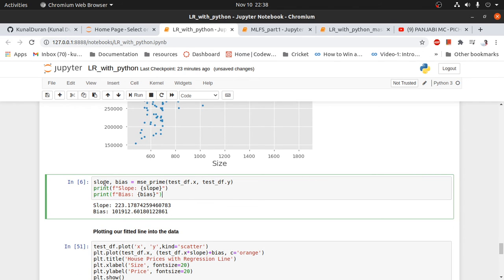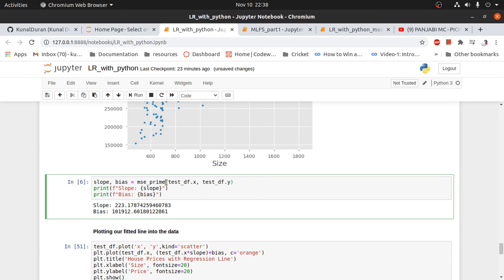I am saying slope because the function is returning slope and bias, so I say slope comma bias equals MSE prime. So what is this MSE prime? Mean squared error differentiated, when we differentiate and minimize. Okay, pretty good name, but we can leave it here.